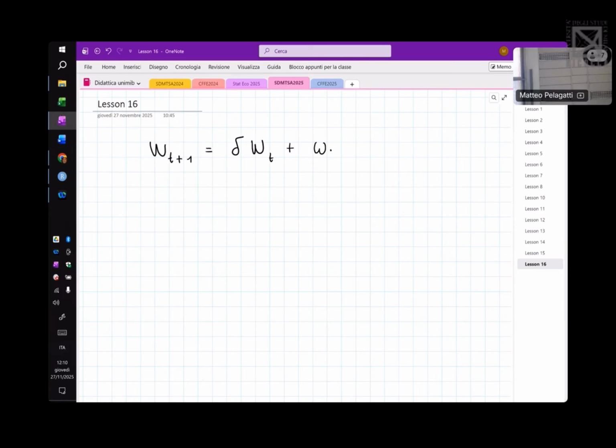And this is just like an indicator function for t equal to tau, where tau is the time at which the change happens. Why is this working?